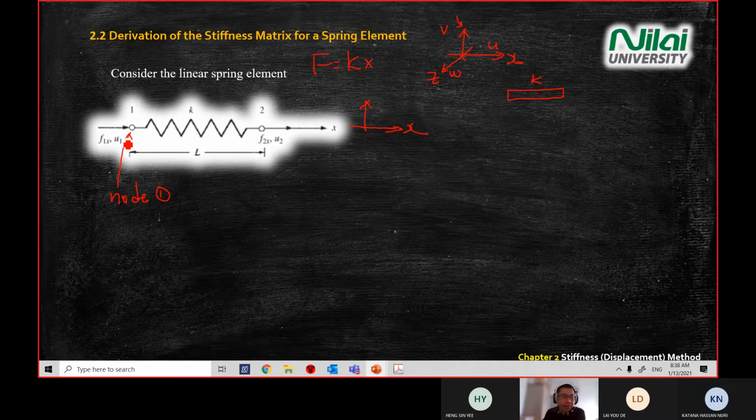And then a force is applied at node 2. You see there's an arrow here. It means there's a pulling force that happens at node 2. And also there's a compression force at point number 1.